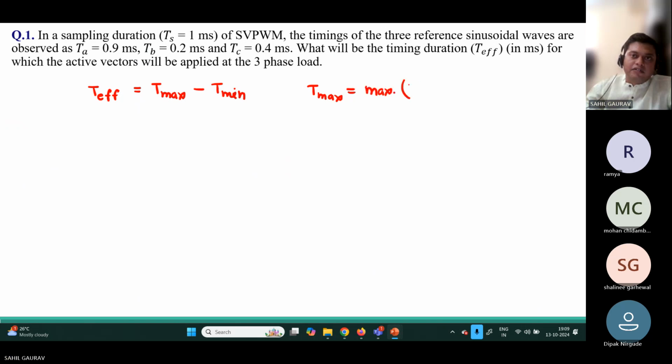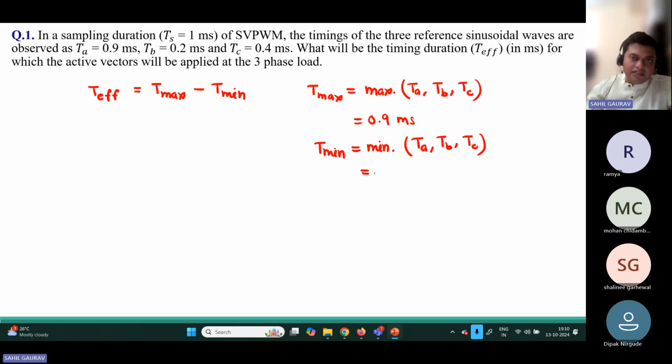And T max is the maximum of TA, TB, TC. So if you see, the maximum is 0.9 millisecond, and the minimum value is 0.2 millisecond.